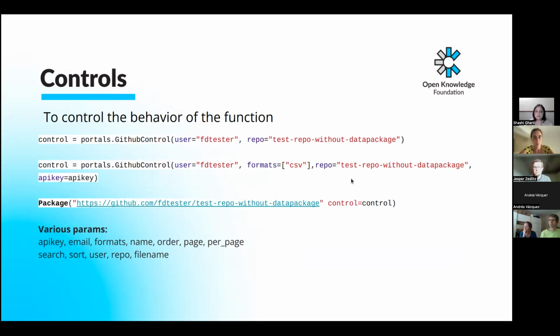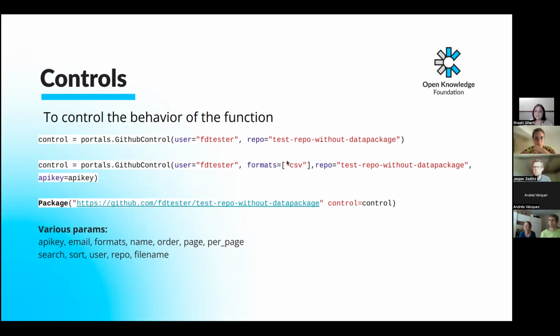For example, here, if I use the first control, which has user and repo only, then it will read all the files of CSV and XLS format, because by default it reads both CSV and Excel files. But if I want to only read the CSV files, then I can just pass it as a formats parameter and set CSV. Then it will only read the CSV files and create the package like this.